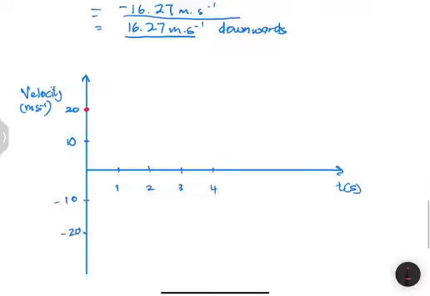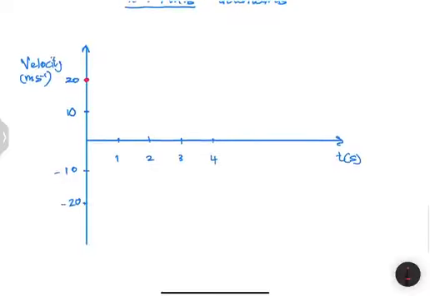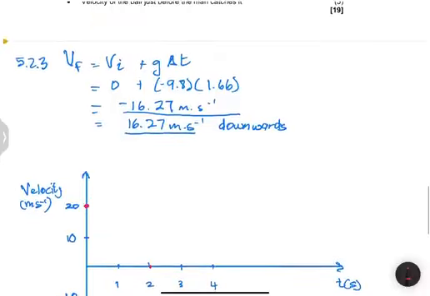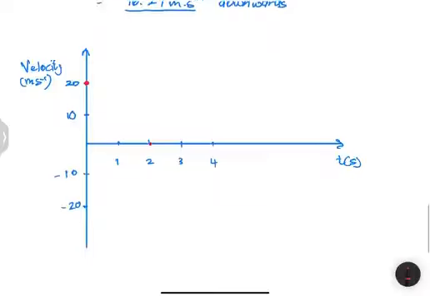So when the velocity was 0, the time was 2.04. So it's just going to be next to 2 there. Okay. And then finally, when we got to point B, this was the velocity when we got to point B, -16. Okay, so perhaps somewhere there, that was at 3.7, if you remember.